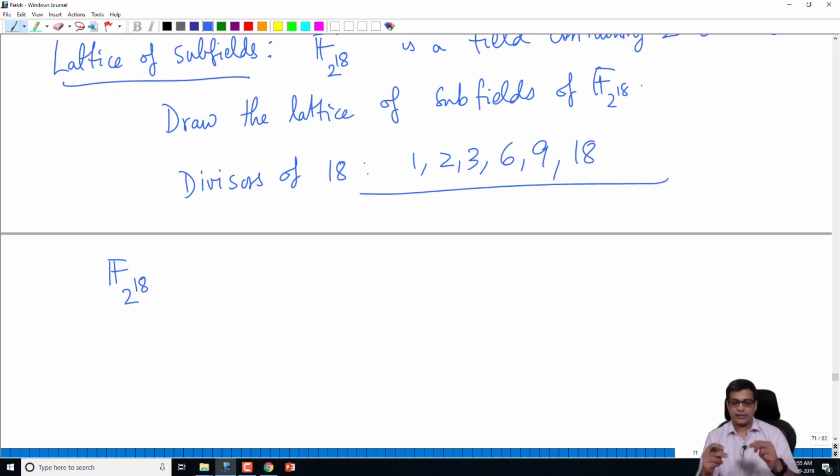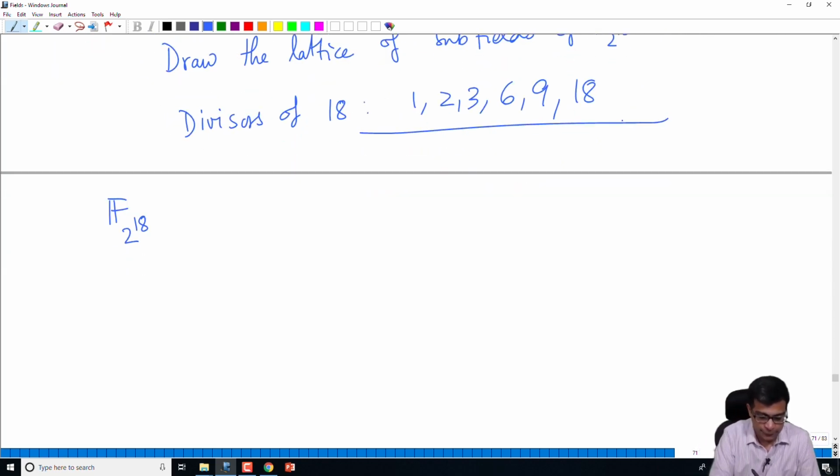So all fields F2 power 1, F2 power 2, F2 power 3, F2 power 6, F2 power 9, F2 power 18 are going to appear in this lattice. So let's do F2 power 9 here, because 9 divides 18, this is a valid subfield of that.